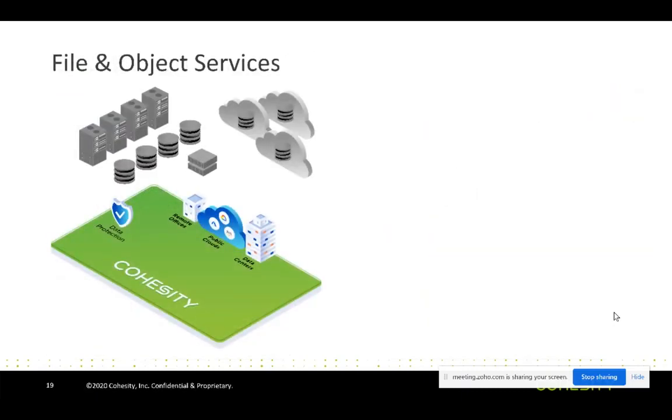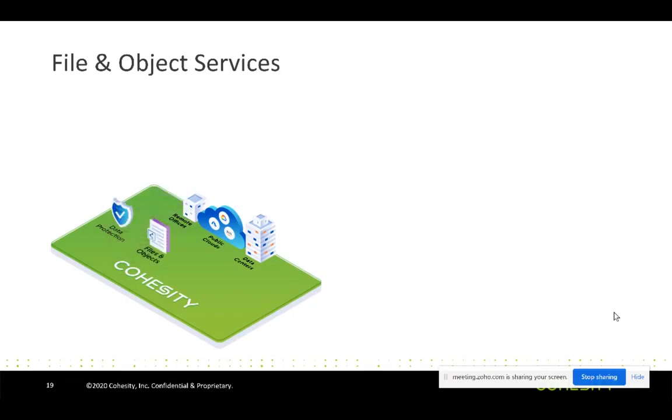The second use case here is the file and objects. So instead of having multiple storage arrays serving the NFS, SMB, and object storage protocols, you can have the same Cohesity platform giving you access to the distributed storage we have, right?